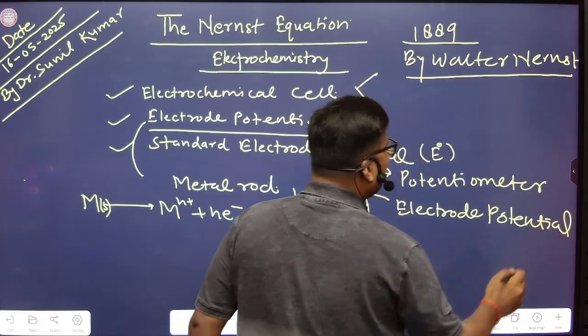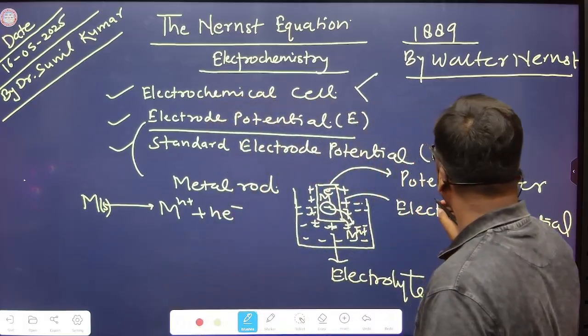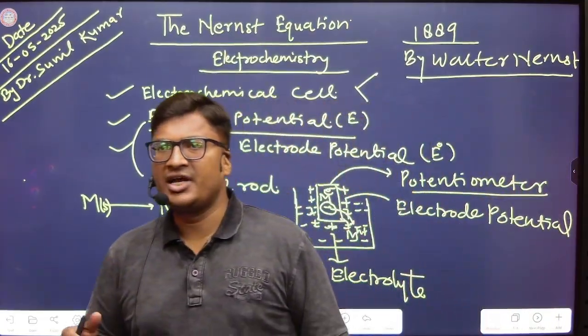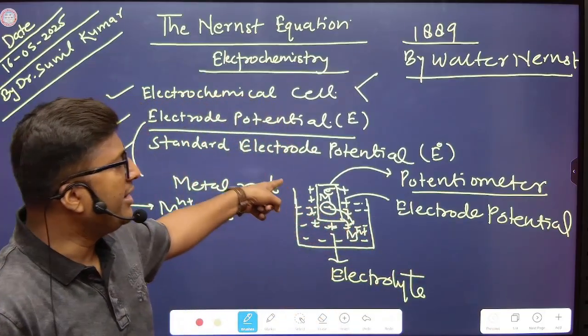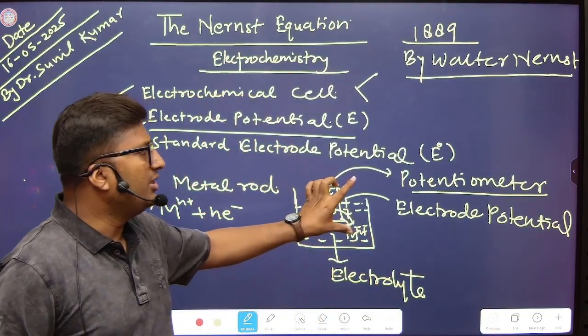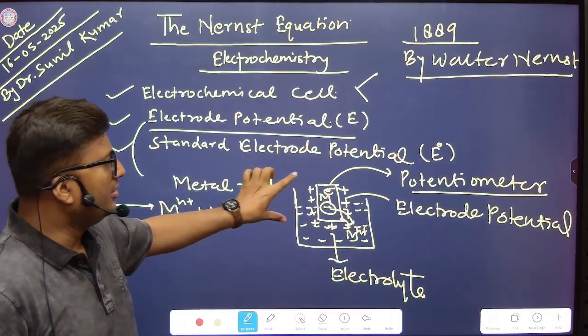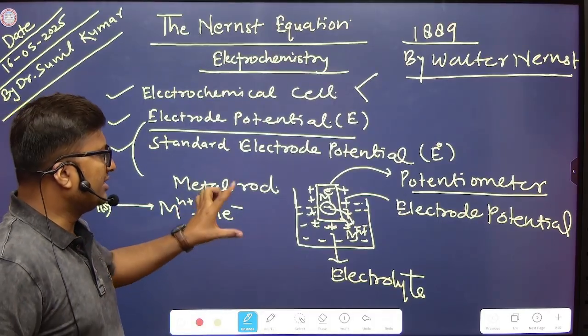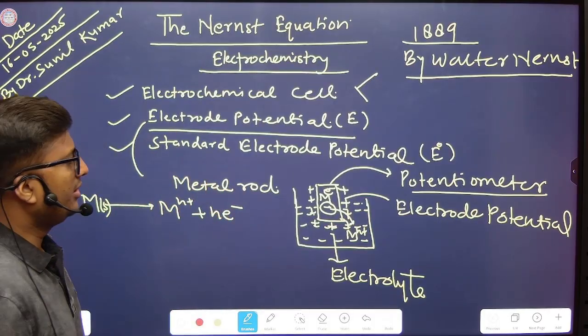This potential is measured through a potentiometer. Once the potentiometer is connected to this metal rod, we can simply read the value on the potentiometer, and we can assign it as the electrode potential, right.